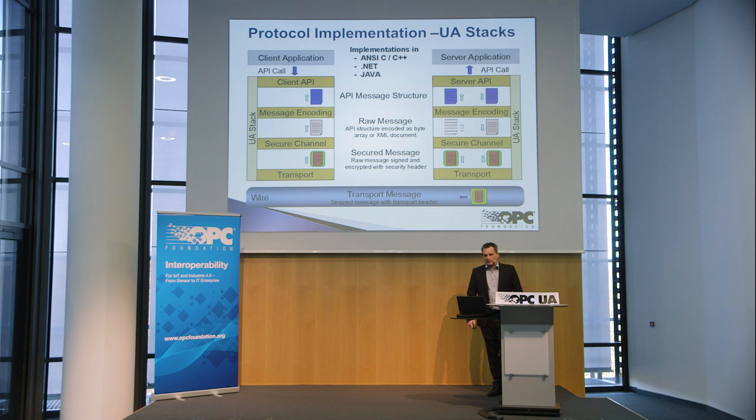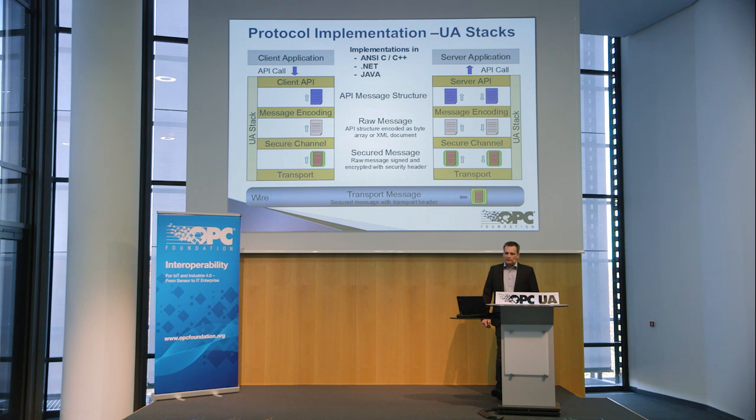And on the other side, the message goes up the stack through the different layers. So the transport header is removed, then the message is decrypted, and then the raw message structure pops out on the server API. And if the server answers, it goes the same way back and gets transported over the wire again.